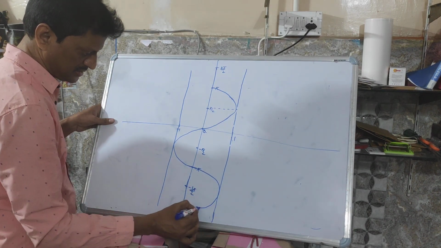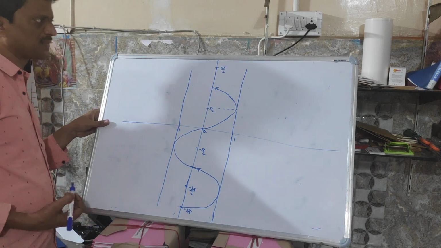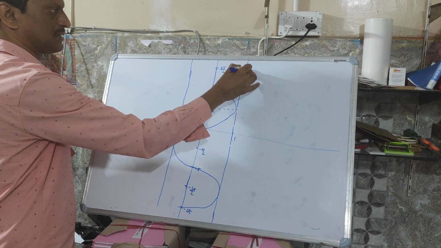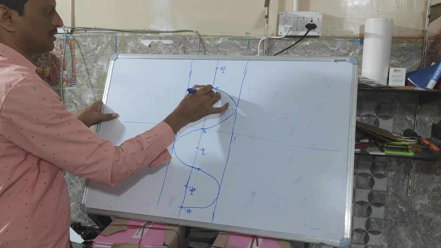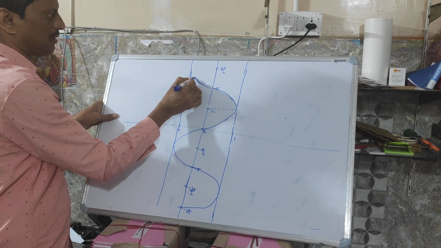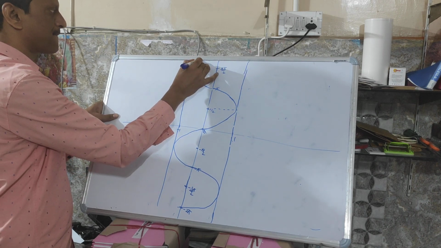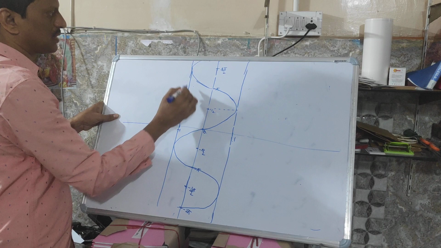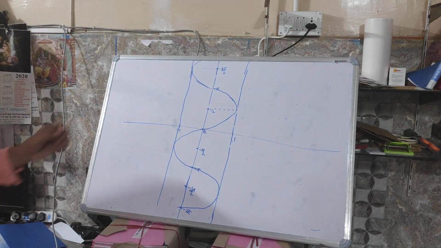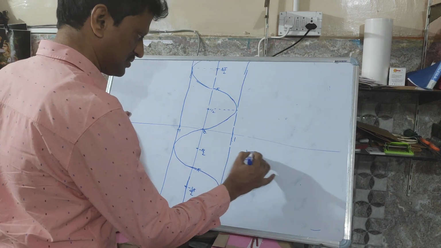Like this you will be getting, and on the other side like this. This is the graph of sin inverse x, y equal to sin inverse x.